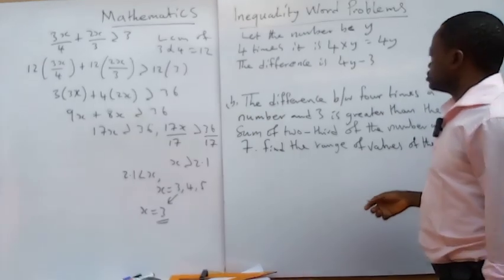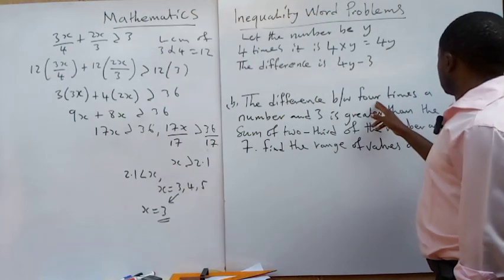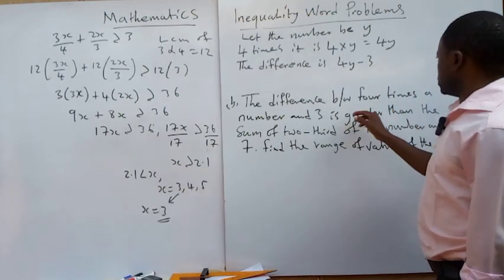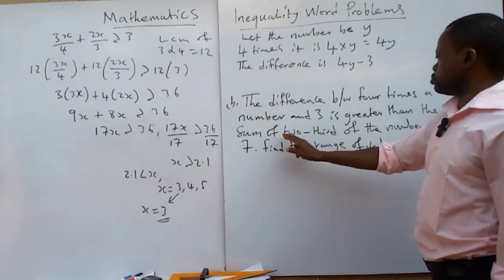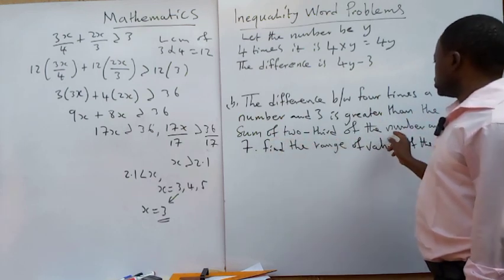Get that? 4y minus 3. Then this quantity again is greater than the sum of 2/3 of the number.